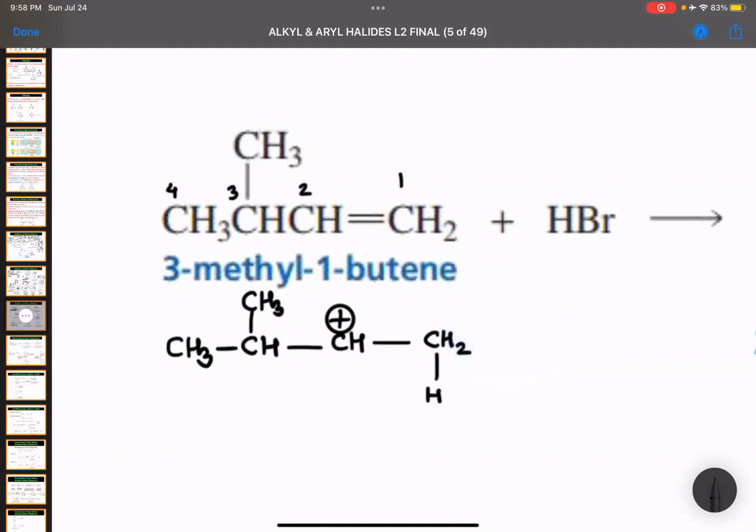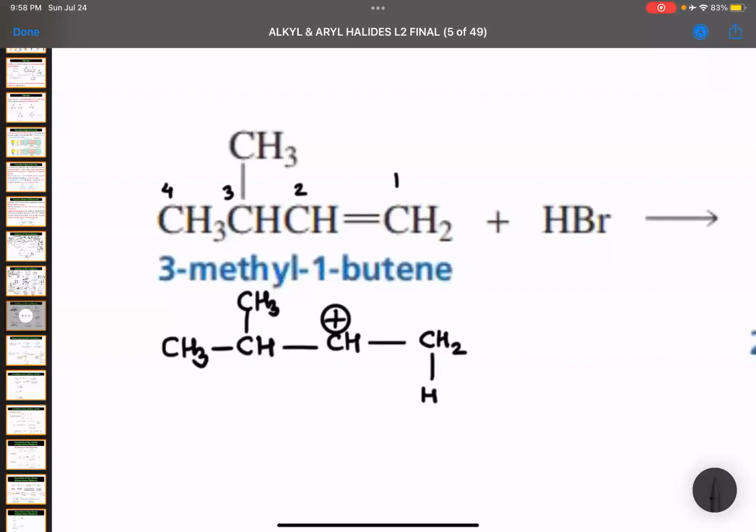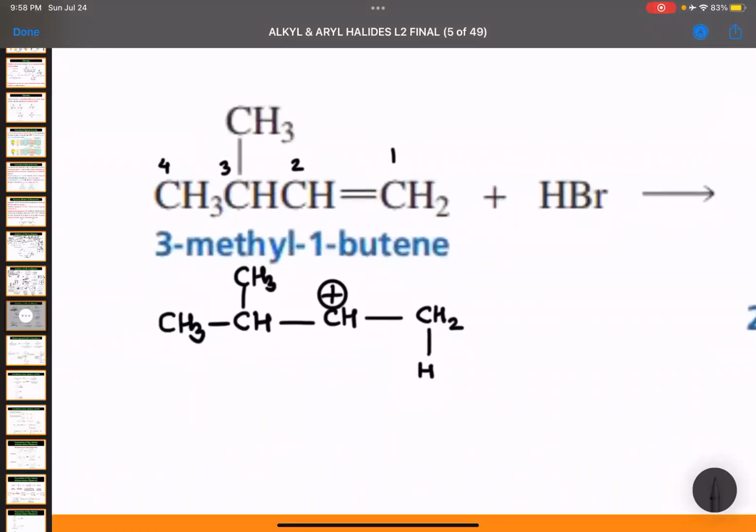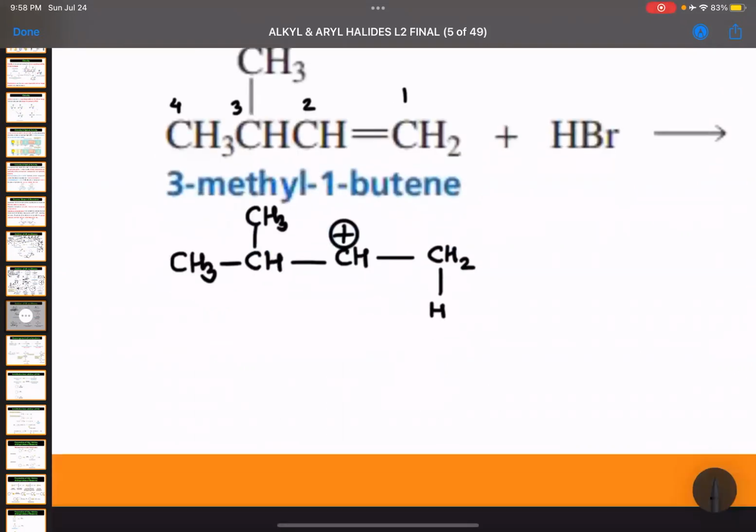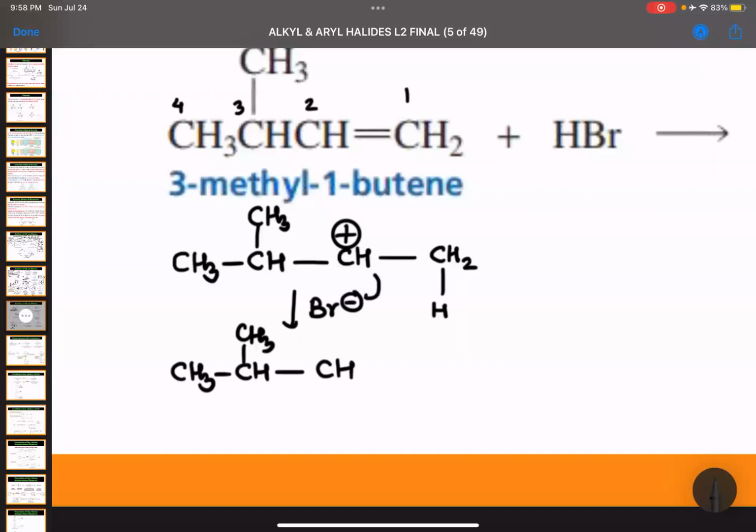And what is the product? Tell me quickly, Samira, Pavitra. 2-bromo 3-methyl butane. Yeah. So I'm going to put Br minus here, because I created that carbocation, and then I will put this Br minus.